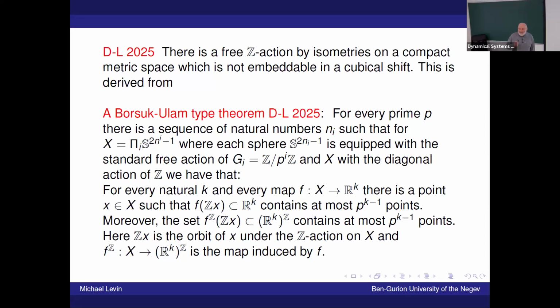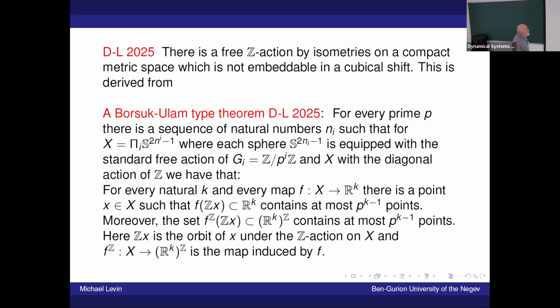In the paper of Tsukamoto with his co-authors, they even conjectured that it's possible for a dynamical system with mean dimension zero. I believe they explicitly state that conjecture. And it turns out that no, the Lindenstrauss result does not admit a generalization to free Z actions.